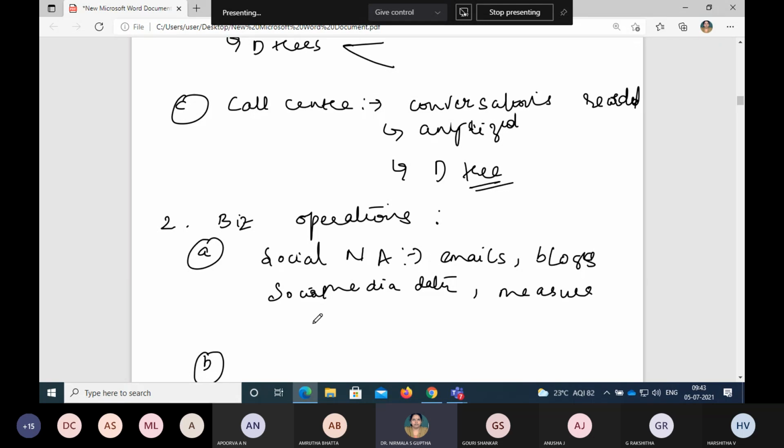Sometimes we may even use sentiment analysis here. Sentiment analysis can reveal early signs of employee dissatisfaction, whether the employee is not happy. You can come to know that and manage it proactively. That's why social network analysis is one of the text mining techniques which can be applied to handle business operations.